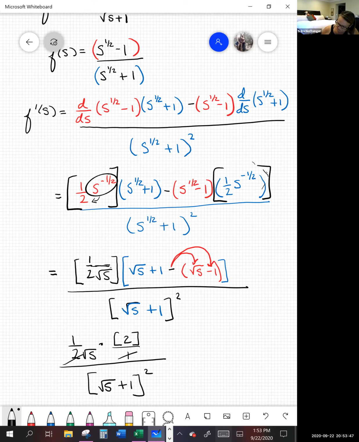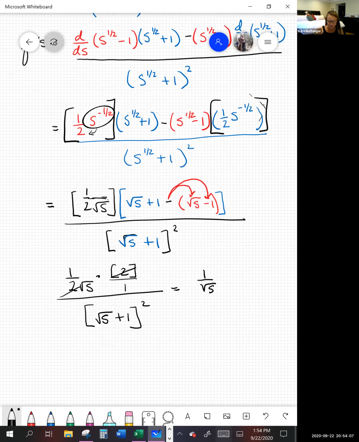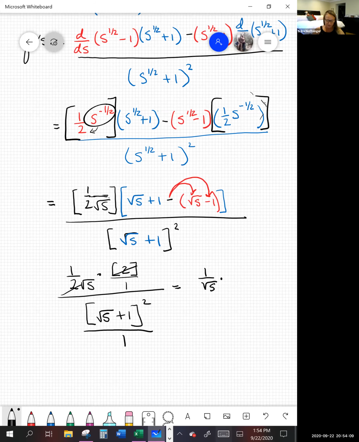Oops, the 2's cancel. So 1 over the square root of s, all divided by, so technically we could say all divided by with a division symbol, which is the same thing as invert multiplying by the denominator. So all times, flip that up. We have 1 over the square root of s plus 1 squared.